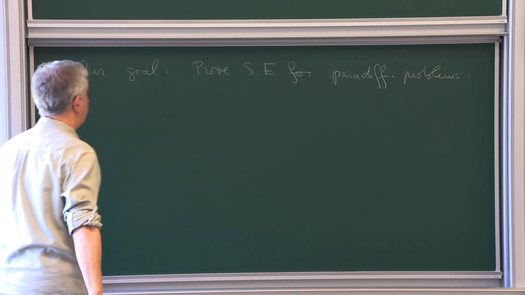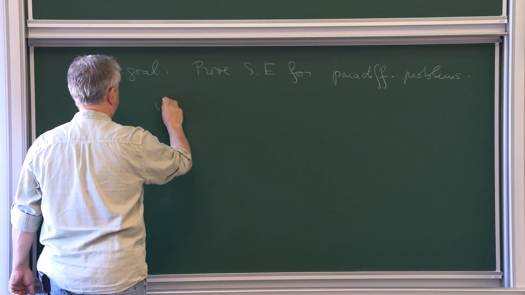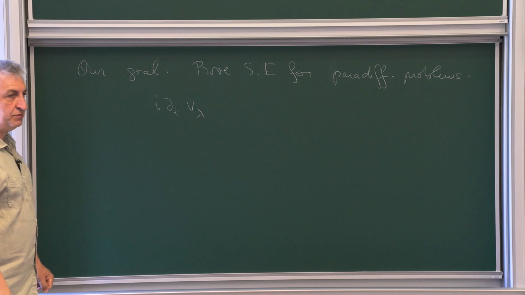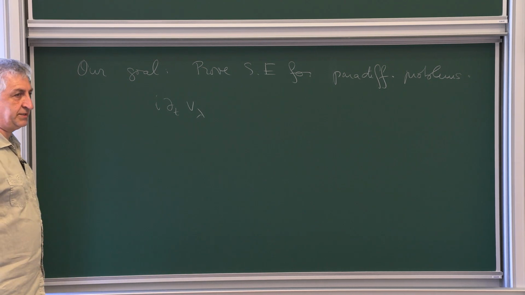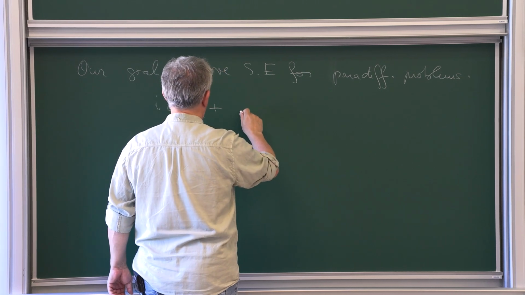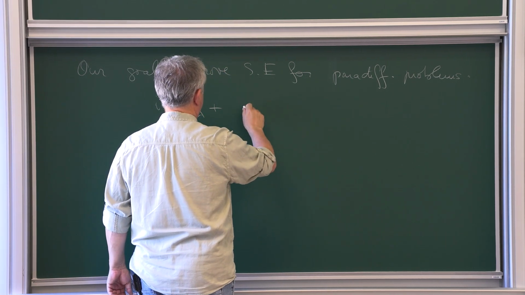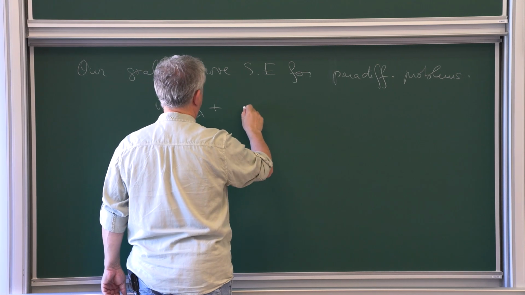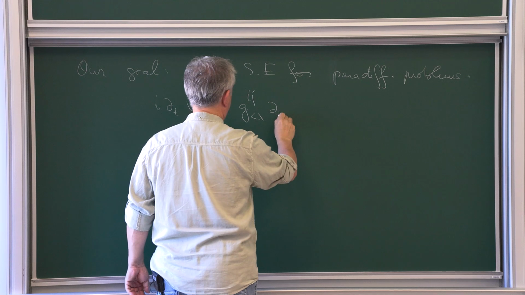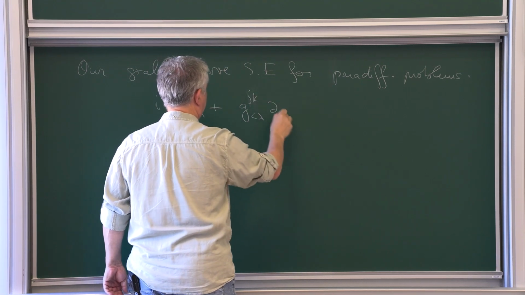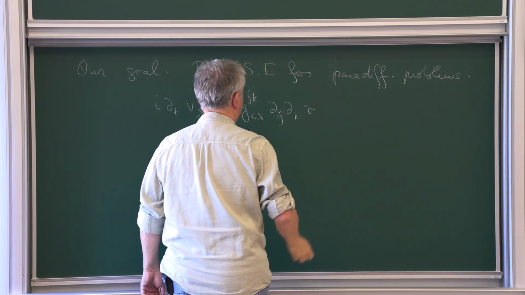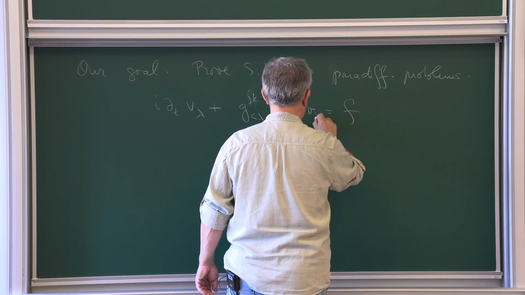So our problems would look like i d_t of v_lambda, where lambda is a dyadic frequency parameter, if you remember, where we do the frequency localization, plus a paradifferential second-order elliptic operator. This could be something like g^{jk} localized at frequency less than lambda, d_j d_k v_lambda, is equal to f_lambda.